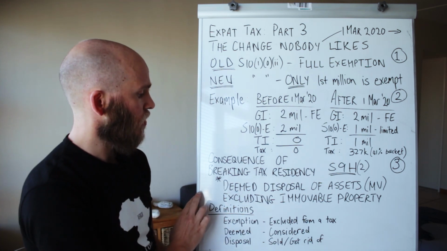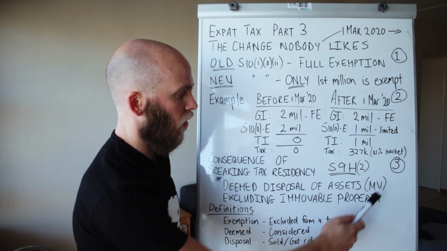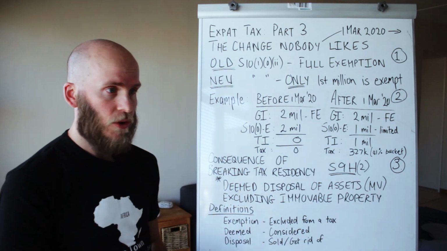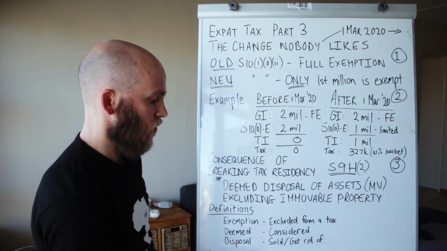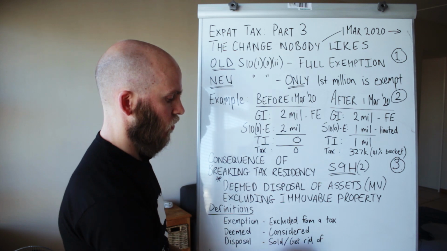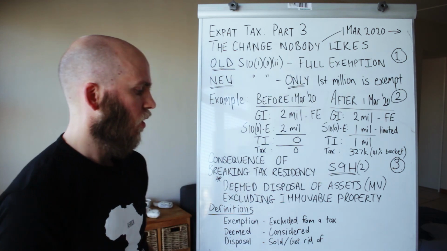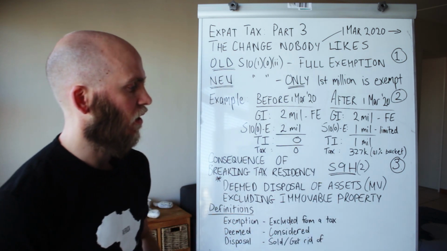The tax consequence is that there's a deemed disposal of assets at market value. Now that is a lot to take in. What does deemed disposal mean? Deemed means it is considered a disposal, and disposal means it's sold or gotten rid of. So you are considered to have sold or got rid of assets at market value.